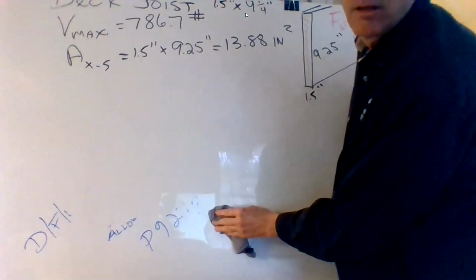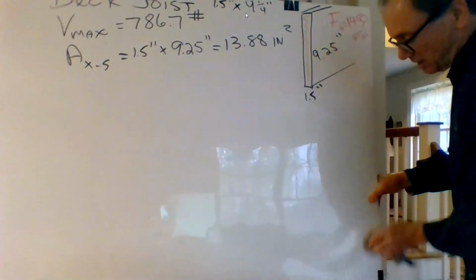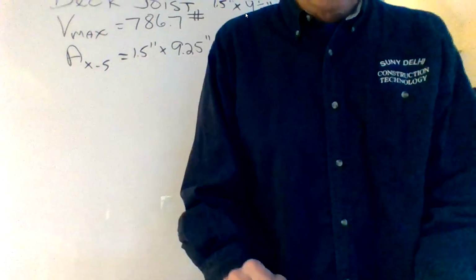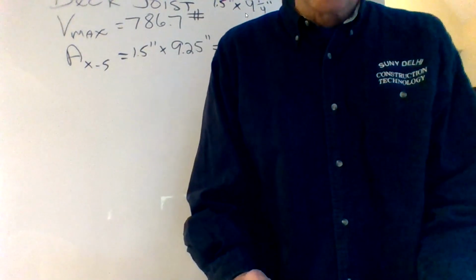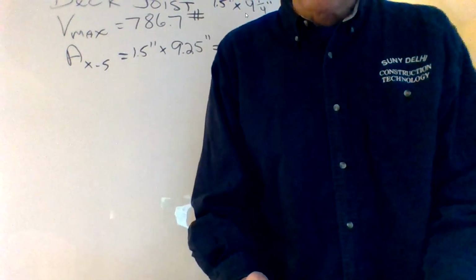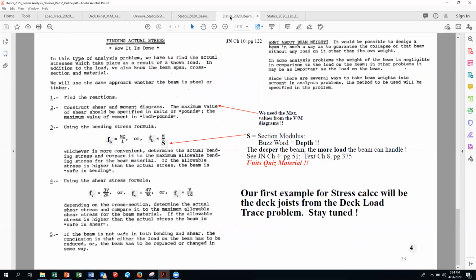Yes, sir. Now we're going into the bending stress formula. Let's go to share screen, new share, desktop, share. And the bending stress was MC over I. Okay.